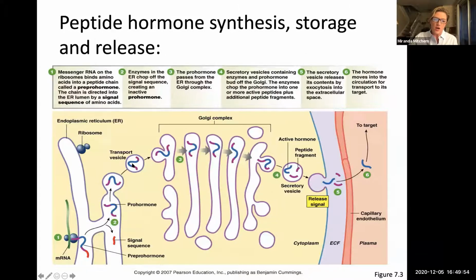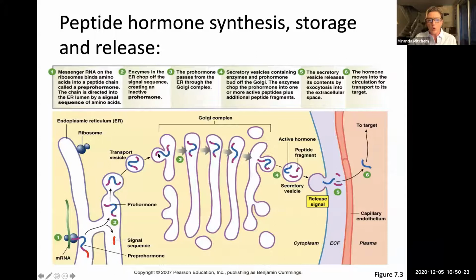Our transport vesicle contains the prohormone, and it fuses with the membrane of the Golgi apparatus, which then delivers the prohormone into the Golgi complex. So the Golgi complex is like that giant post office for our cells. It's a molecular post office.